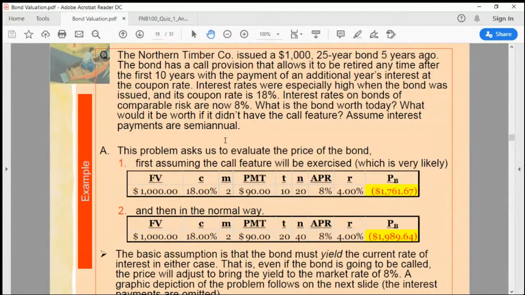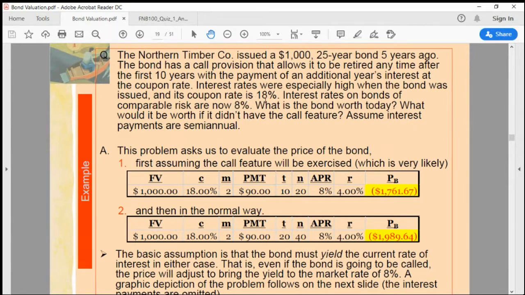So think about it. One thing you can tell is, is it going to be a premium bond or a discount bond? One thing you can tell: it's going to be a premium bond. It's going to be a very, very high premium bond. Why?